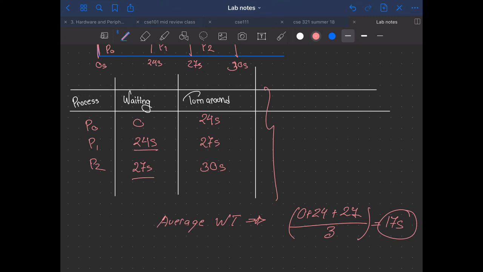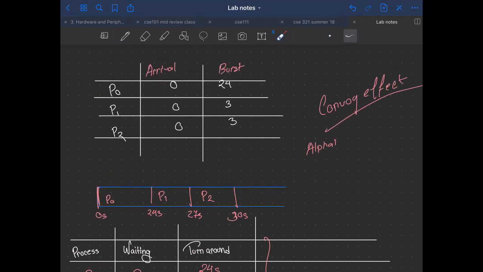However, if we had the opportunity to make sure that P1 or P2 gets the CPU first, then we would definitely have a much lower waiting time. If P1 works first, it would have a 0 waiting time.